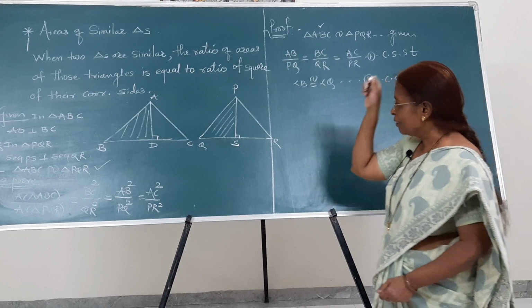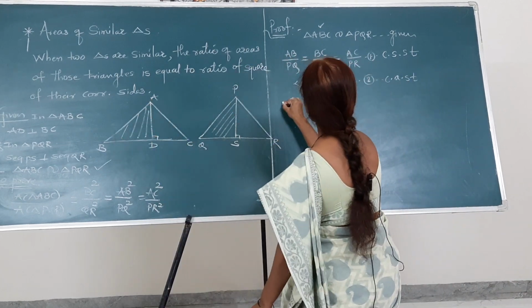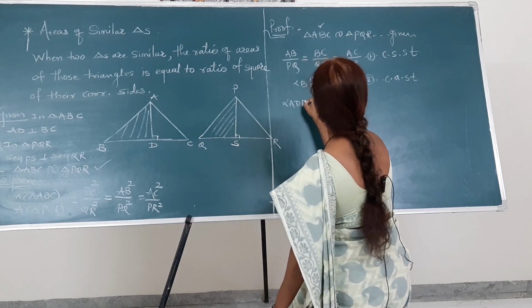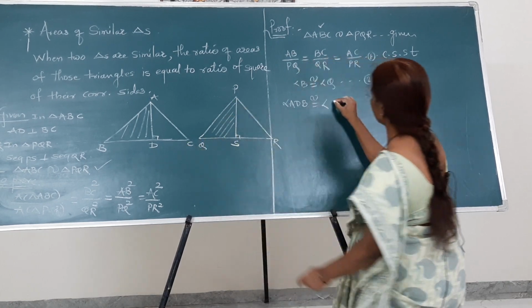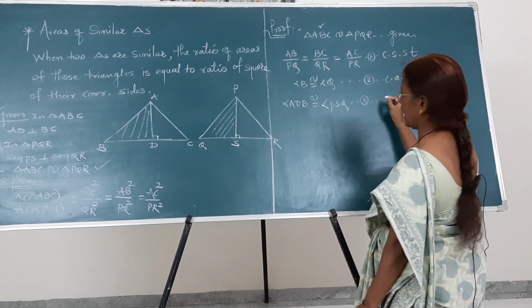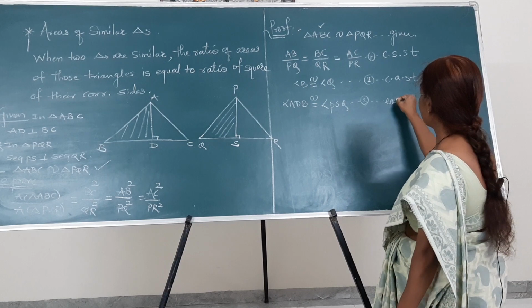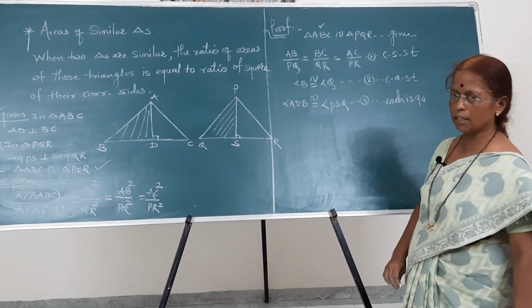Now one more pair in this triangle ADB. Angle ADB is congruent to angle PSQ. This is the third equation and the support is each is 90 degrees because perpendicular we drew.